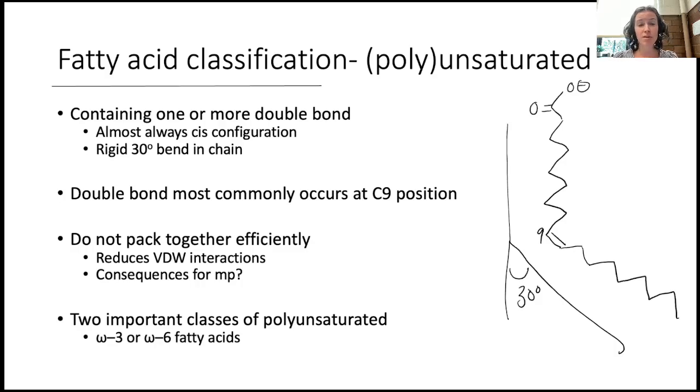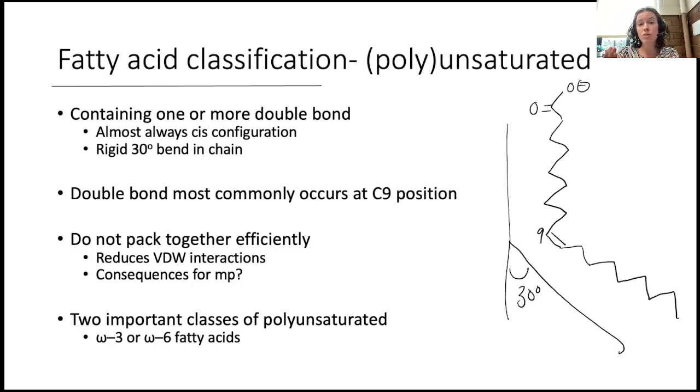Now, these types of lipids do not pack together super efficiently, right? They're bending off at all types of angles at different carbons. So they're going to have fewer interactions with one another. This reduces the nonpolar to nonpolar interactions, the London dispersion interactions between these lipid tails.